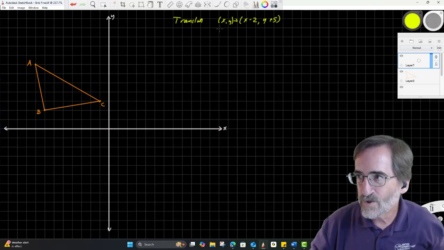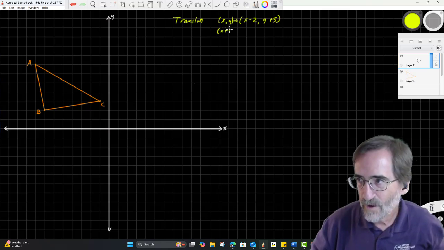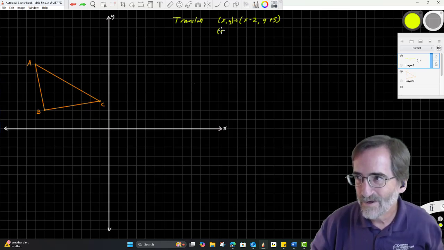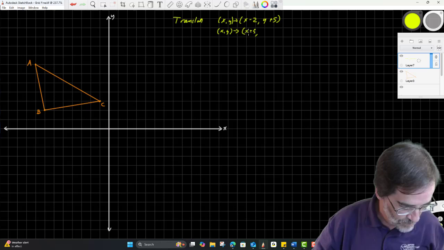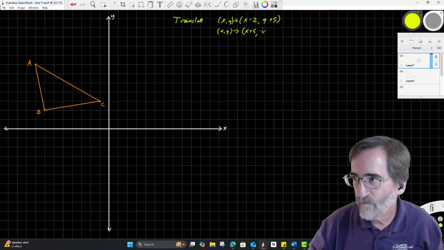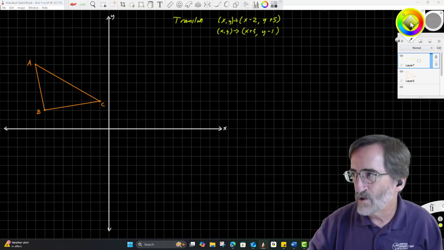And then I'm going to translate according to the rule (x, y) becomes (x plus 3, y minus 1). Okay, and I'm just going to do it visually.